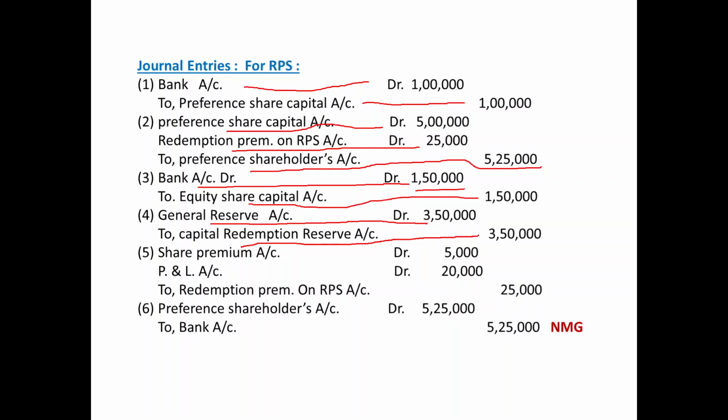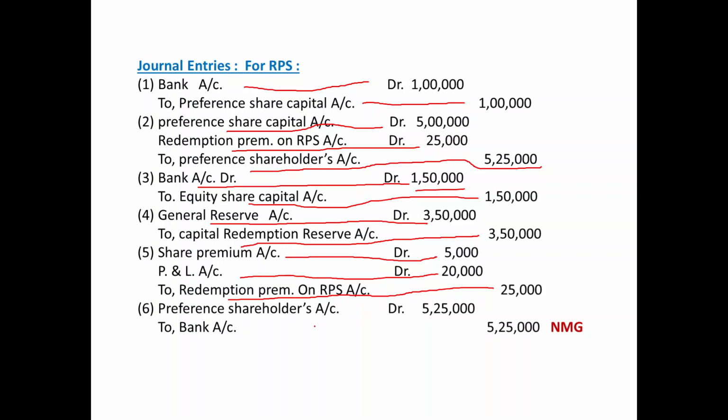Nominal amount planning is over. Now redemption premium on RPS. Let us write it up. Share premium or security premium account debited 5,000. Profit and loss account debited 20,000, to redemption premium on RPS account credited 25,000.